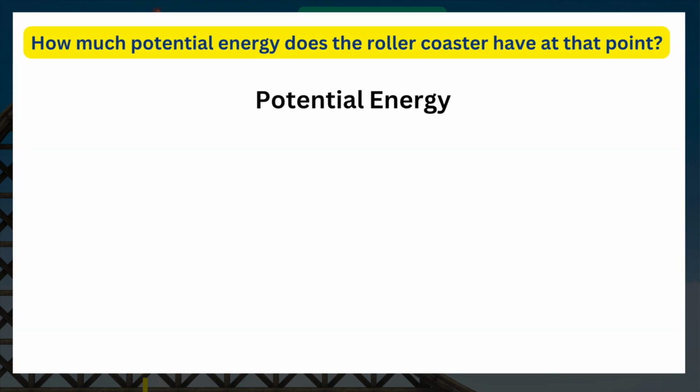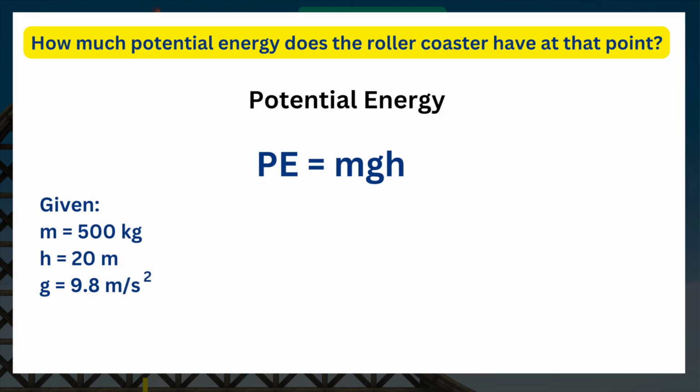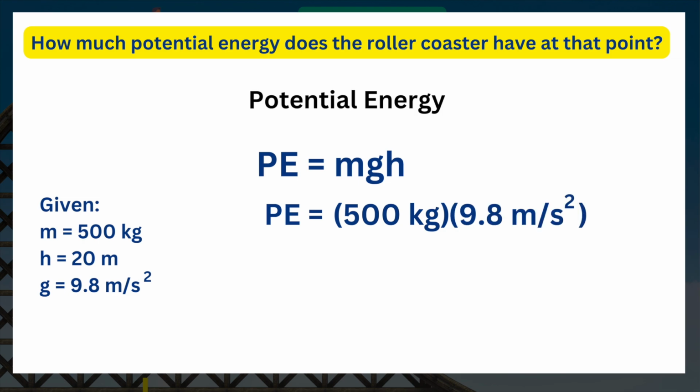To calculate the potential energy of the roller coaster ride, let's use the formula: potential energy is equal to mass times gravity times height. Now, let's substitute the given values. So we get potential energy = 500 kilograms times 9.8 meters per second squared times 20 meters.